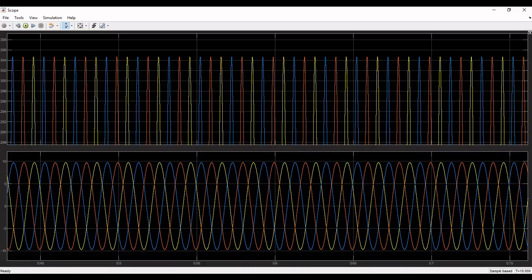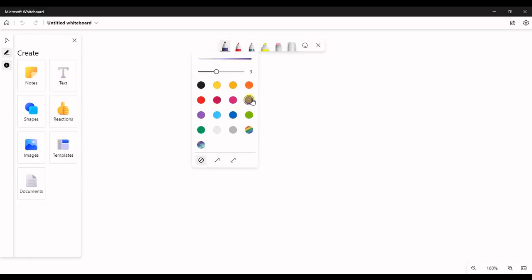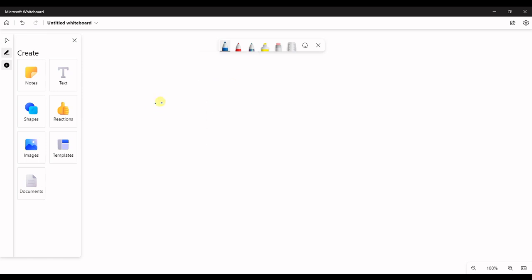For example, we have set our VRMS, phase to phase, to 400 volts.